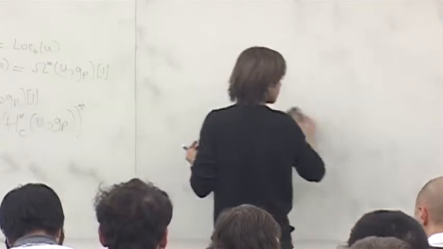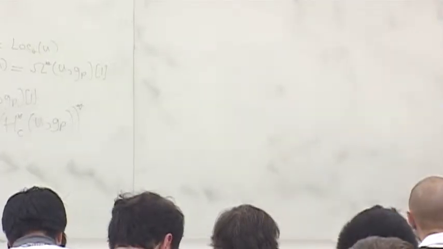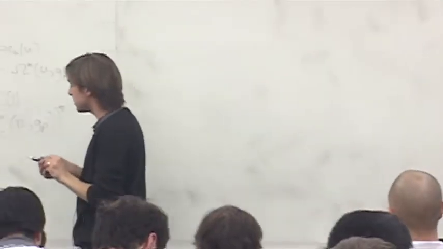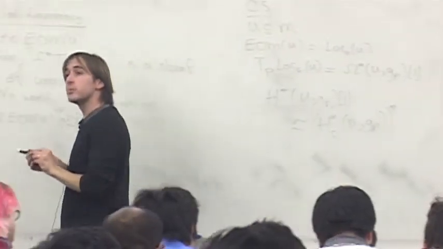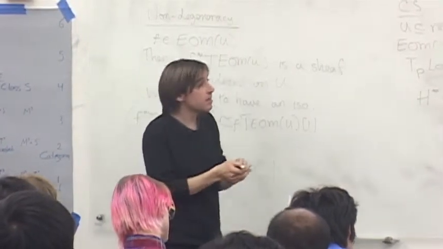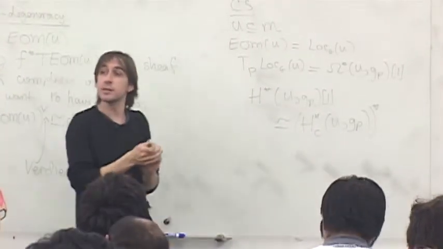So the entire discussion so far is about classical theory. I don't think I'll tell you much about the general procedure for quantizing these kinds of things, but I will tell you in examples how it works.